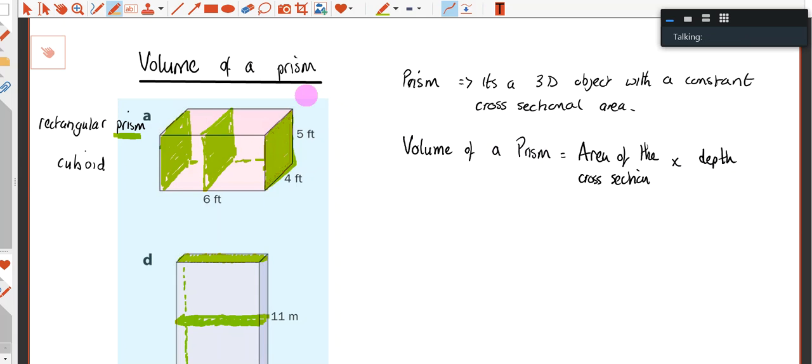So what we're going to do is the volume of, in this case, let's work out A. So the volume of the cuboid. Well, the cross section is what shape?